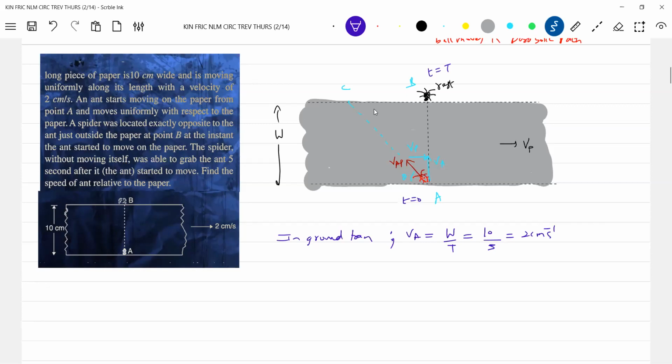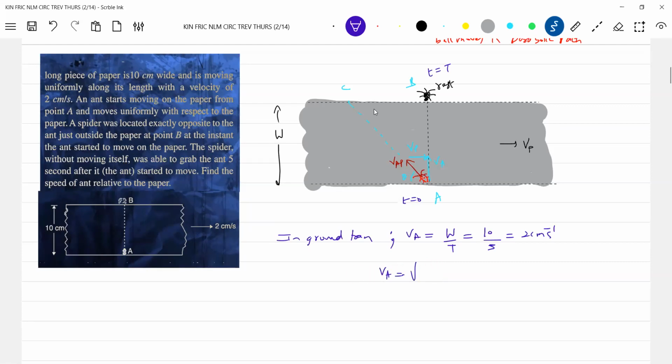Okay, then let's get into the formula. VAP equal to VA bar minus VP bar. So velocity of ant with respect to paper. The triangle. Speed of the ant is asked.